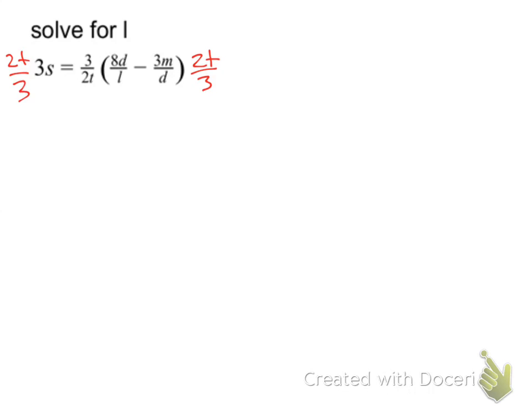Hey, a lot of things cancel out here. Those cancel, but so do the 3's. So I get 2ts equals 8dl minus 3md. Is everybody okay with that?